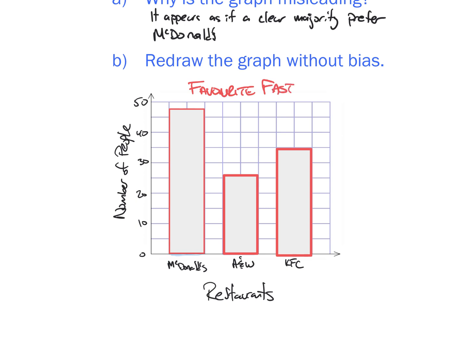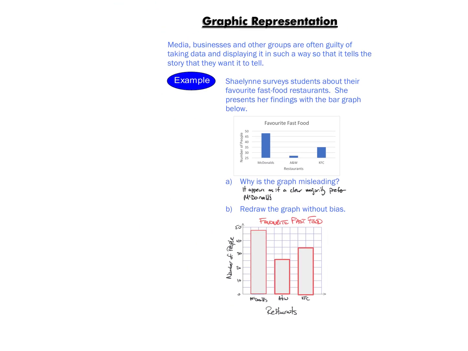By starting at 0 right here, we remove the bias and the bars are representative. The KFC bar especially is much closer to the McDonald's bar than was previously reported.